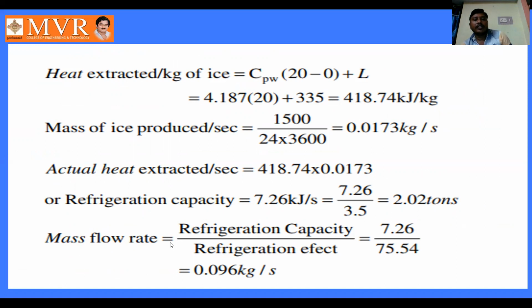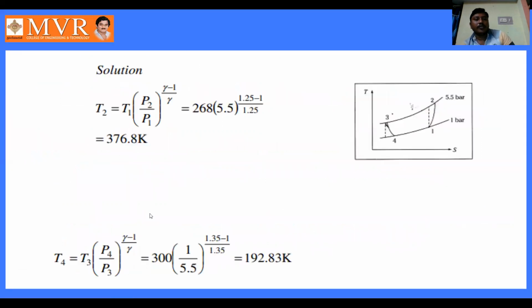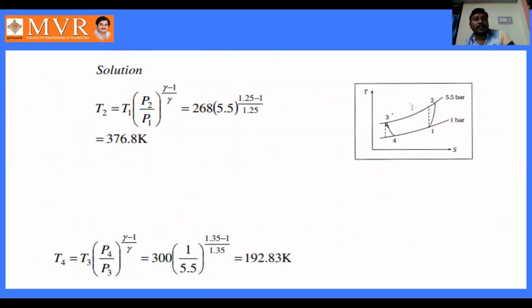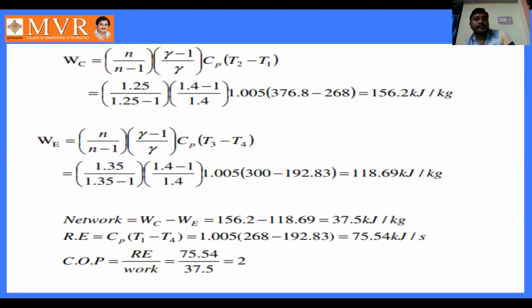We have calculated the mass flow rate as 0.096, and already we have calculated the network done and the COP of the plant. This is what he asked us to calculate, the capacity of the plant.